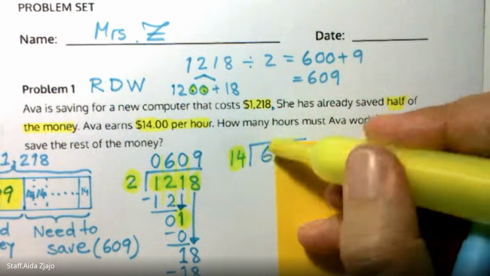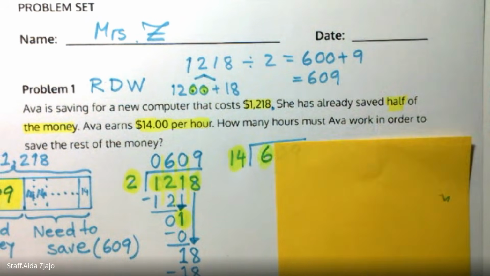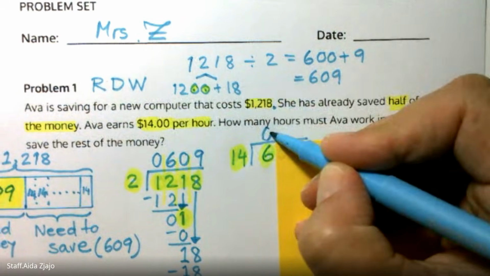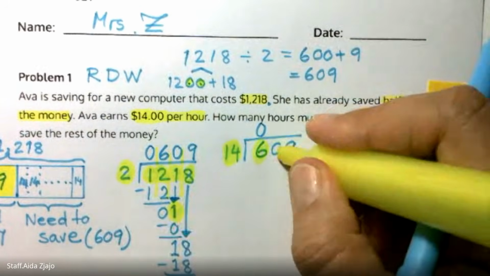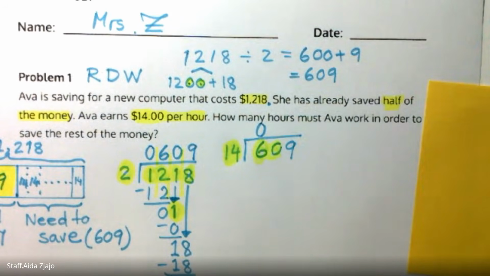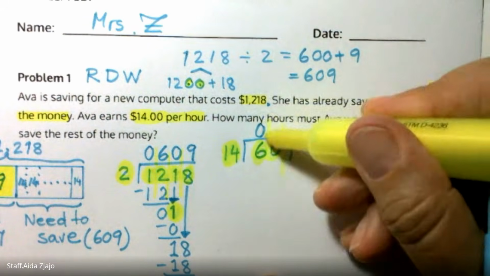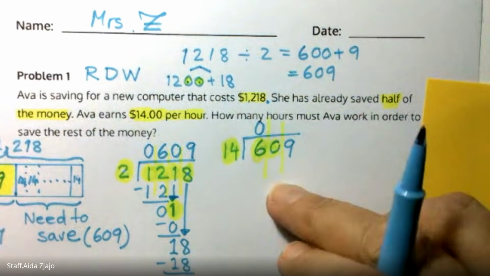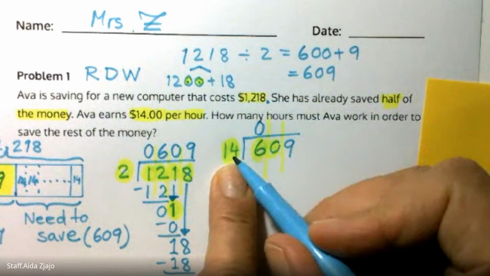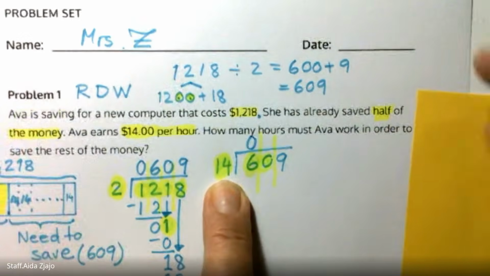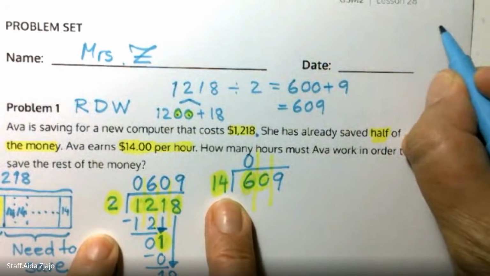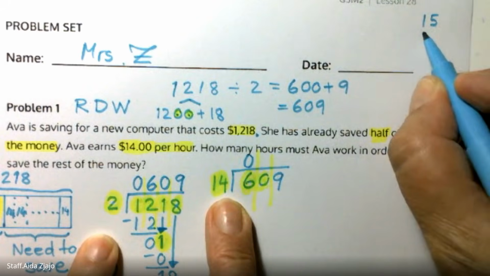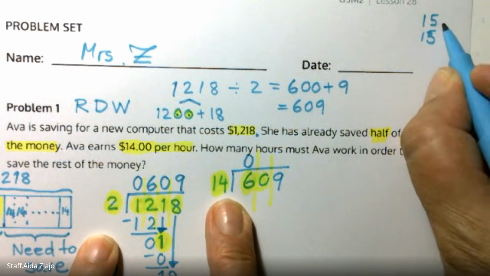So if I think 6, I can't make any group, so I needed to put 0 above. And then I'm going to move to the tens. And now I have 60 to think about, and I can round this to 15, and then you can add 15 if you like. 15 and 15, if you don't know, 15 and 15 is 30.